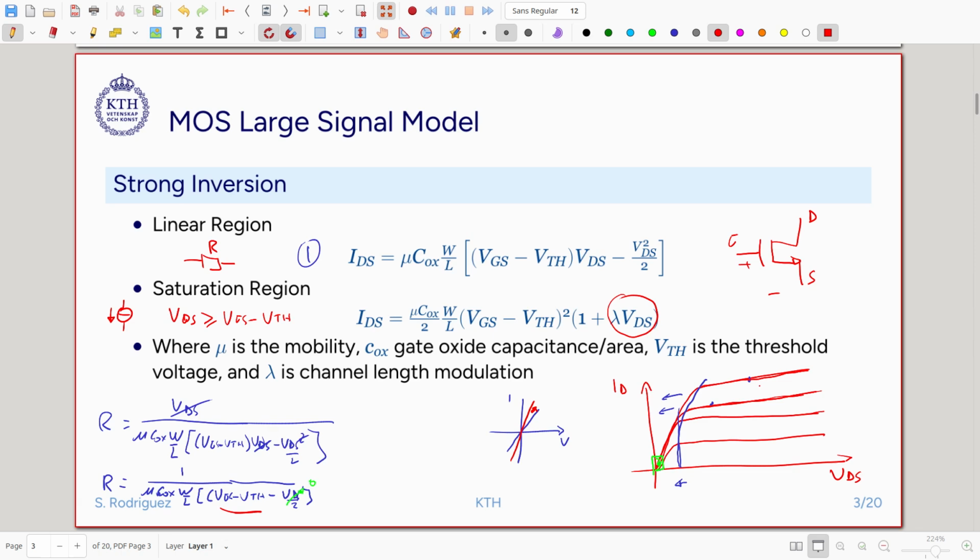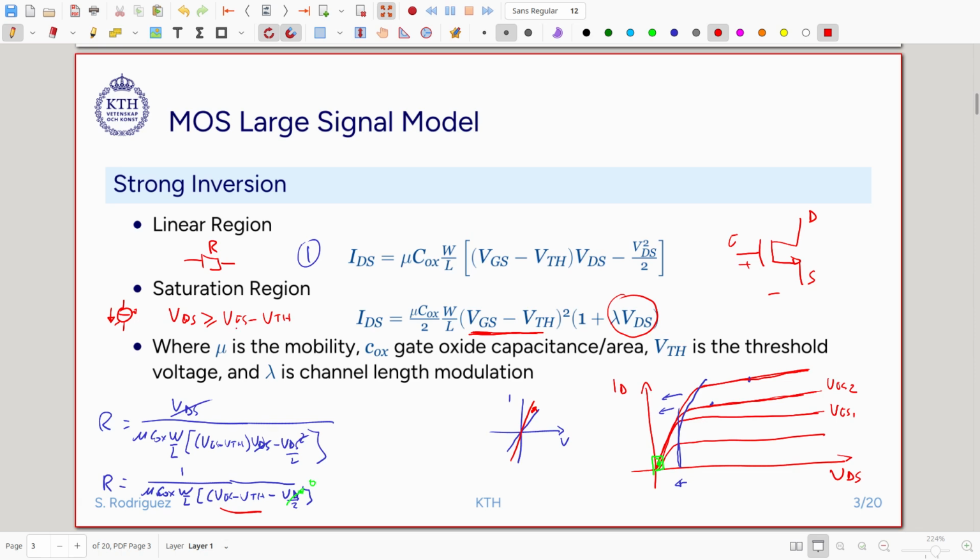So this becomes interesting because we can change the value of this current source by changing the value of VGS minus VTH. Each value of VGS will produce a different amplitude in this current source. So we treat this as a variable current source. This is interesting because then we can use this device for amplifying voltage to current.